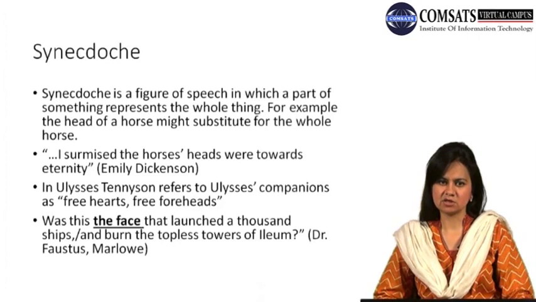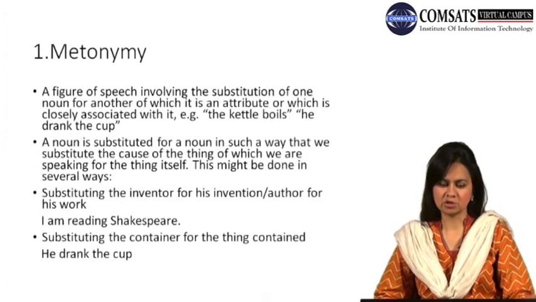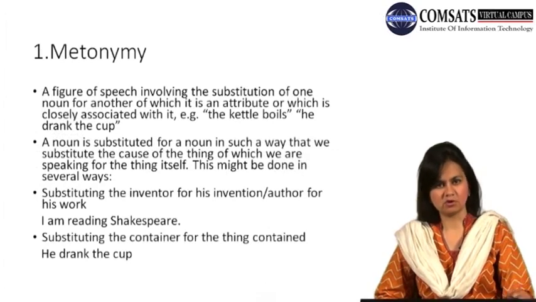Similarly, if somebody says that you're wearing good tweed, or good silk, we mean to say that the shirt or the suit or the coat is nice, rather than the material that it is made up of. So material for the thing and part for the thing. This is the relationship of synecdoche, where one thing replaces another, whereas in metonymy we see that there is a close connection of one thing with another. We replace or substitute one noun for another, which it is an attribute of.